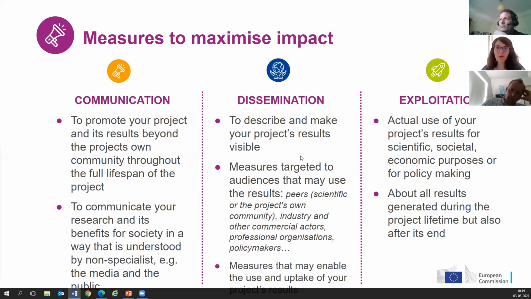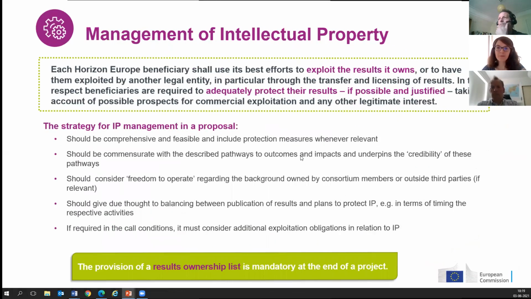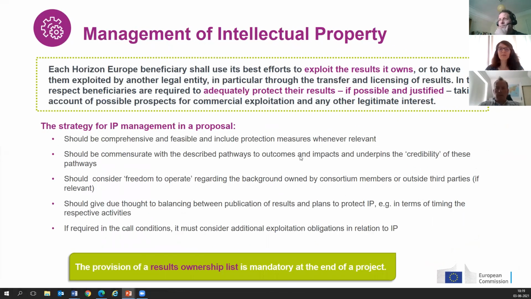And we can go to the next slide, which is about the last part of the dissemination and exploitation communication plan, which is the management of intellectual property. So under Horizon Europe, all beneficiaries should do their best to exploit the results on their own, or to have them exploited by another organization, another legal entity.